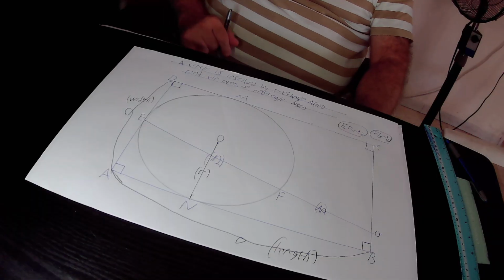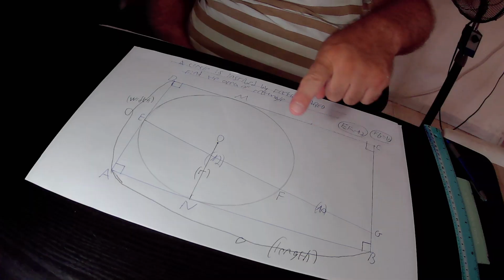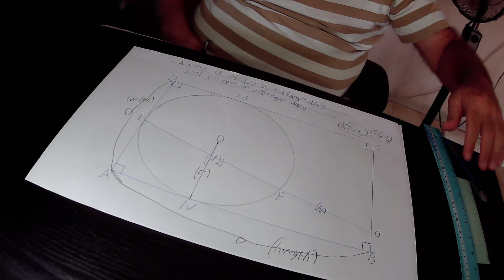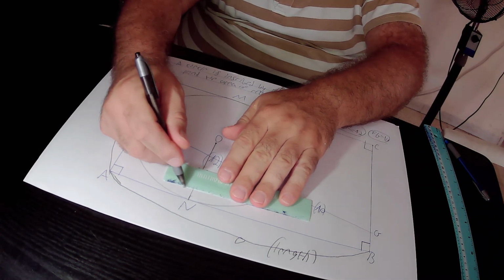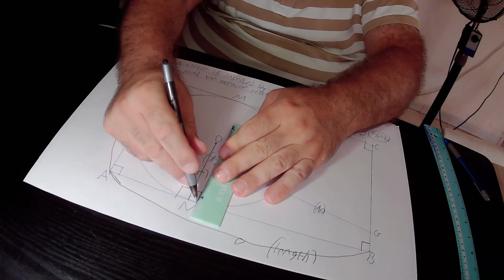And whenever you have a radius that is drawn to the point of tangency, then tangent AB will be perpendicular to the radius NO. If AB is perpendicular to NO, it means that this angle equals 90 degrees, and this angle also equals 90 degrees according to rule 1.